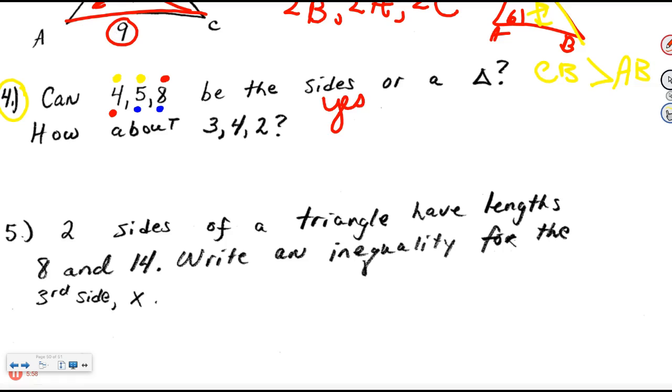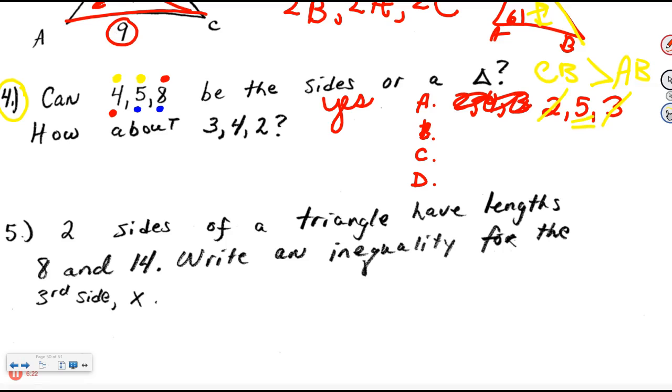My guess is if this is multiple choice, they'll give you 4 choices, like an A, a B, a C, and a D, and it'll say which ones can be the sides of a right triangle. Let's do actually 2 and a 5 and a 3. This one can't be because 2 plus 3 doesn't outstretch the 5.